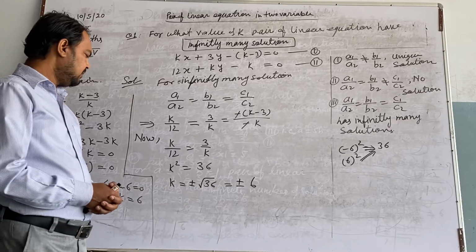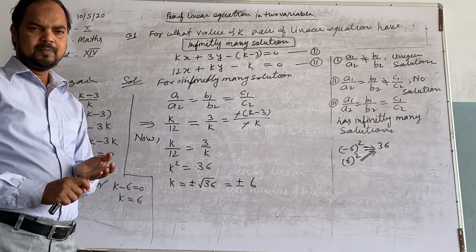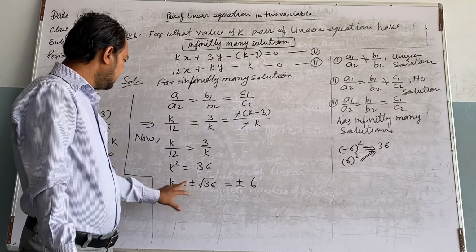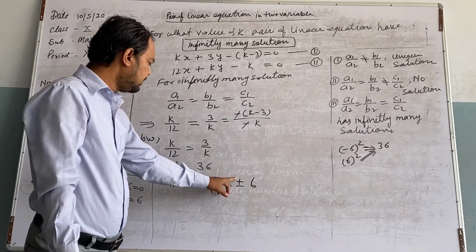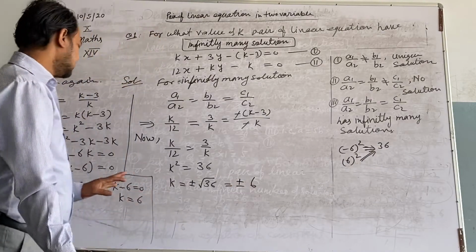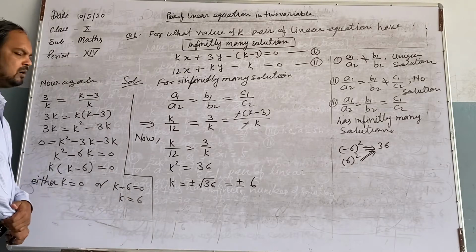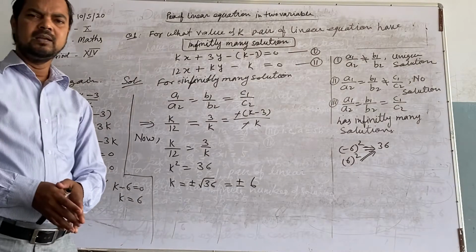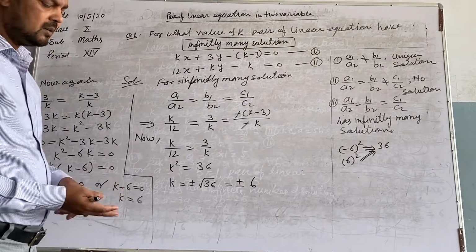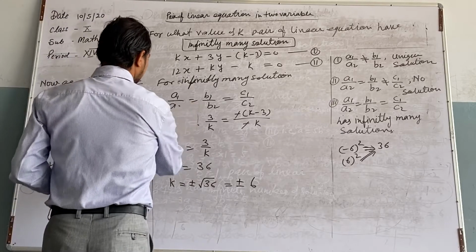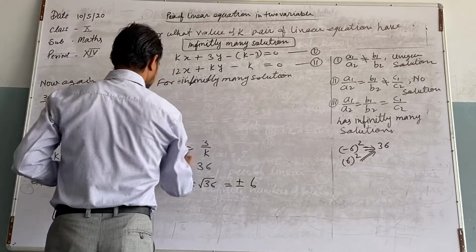In this question we have two types of condition. In this relation we find that k equal to plus or minus 6, but in this relation k equal to 0 or k equal to 6. Now what we have to decide about k. What is k? Plus 6 or minus 6. So in this case we can put the answer like this.